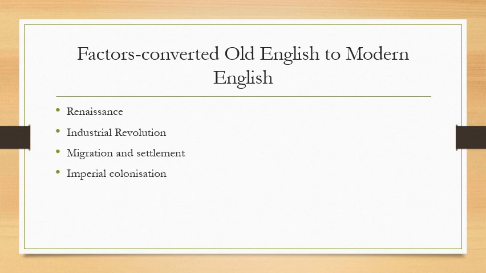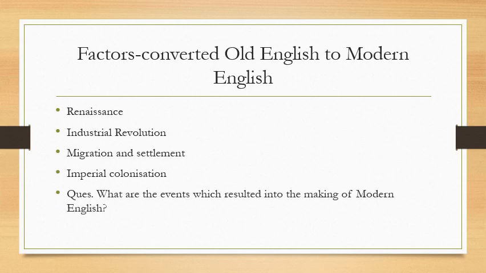And finally, we have imperial colonization of Asian and African lands. Imperial colonization means when there was not direct control. Imperial means when there is no autonomy, there is no direct control, but indirect control was there, of that government on its people.